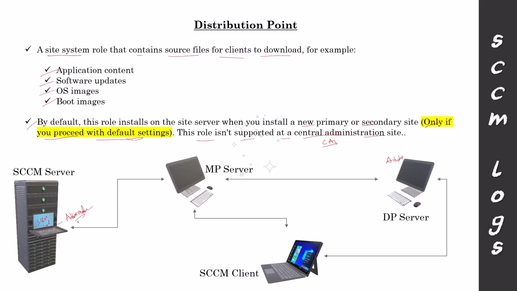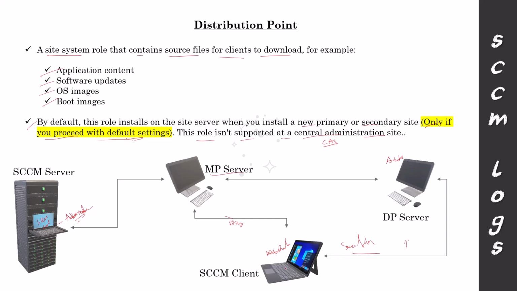Once we deploy from the console, the policies are created on the MP server and sent to the client. The client gets the policy and then requests the DP to download the source files, Adobe Reader, and it triggers the policies and installs the Adobe Reader software. This is what happens in the backend, the actual process.